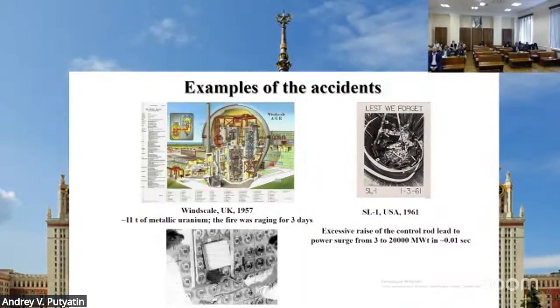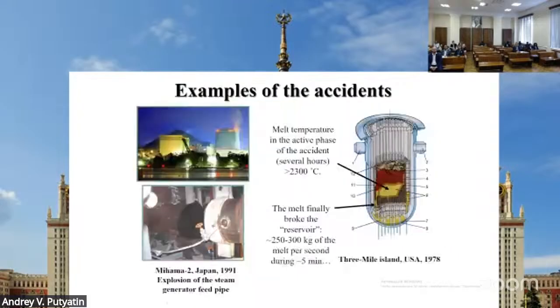It was a technologically acceptable operation. Then there was a surge in reactivity and reactor power, and this poor guy was simply pinned to the ceiling of the building by the flying control rod, because the power of the reactor increased dramatically. This control rod was simply expelled like a bullet.